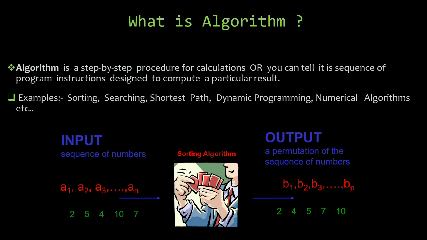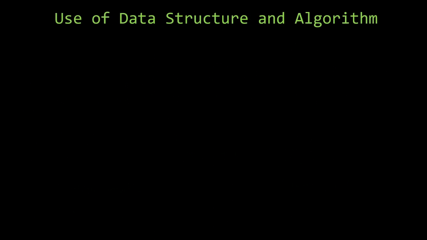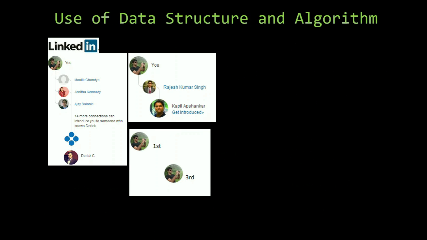Now we'll see some practical, real-life examples where data structures and algorithms are used. Our first is LinkedIn. You must be aware that in LinkedIn, whenever you log in and go to someone's profile, you can see first, second, third. That particular person is your third connection, second connection, or first connection.